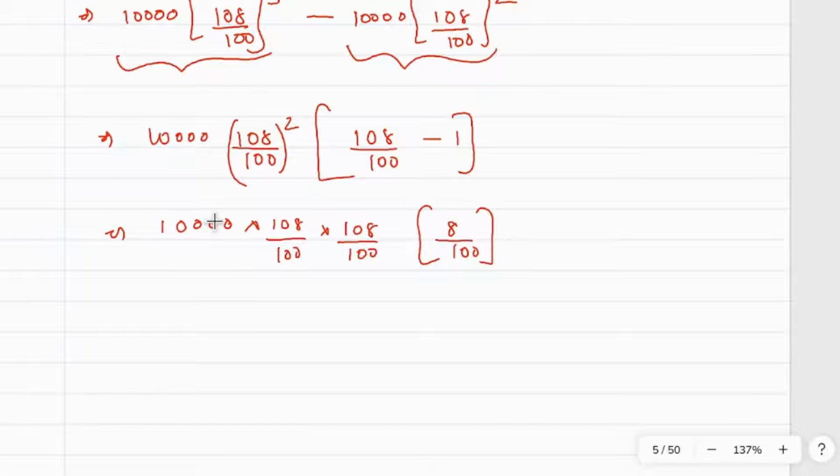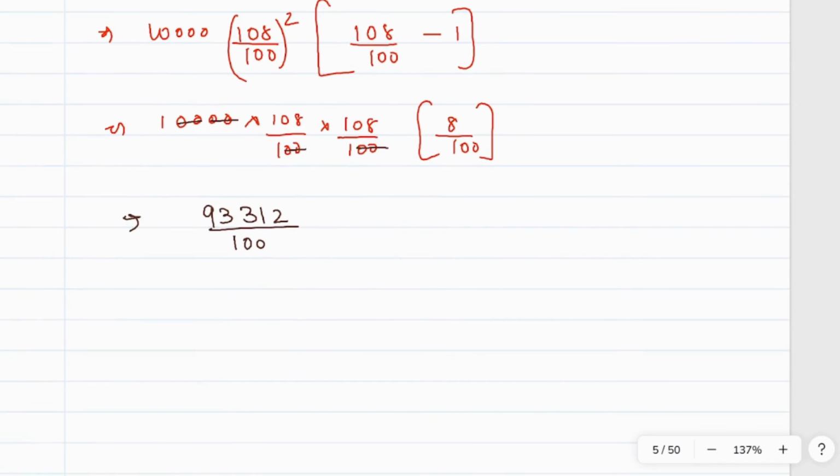Here the 100s get cancelled. What's left is 93312 divided by 100. 93,312 divided by 100, we shift 2 places to the left, so 933.12 will be the value for A3 minus A2.